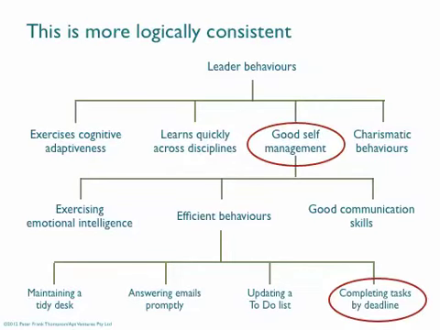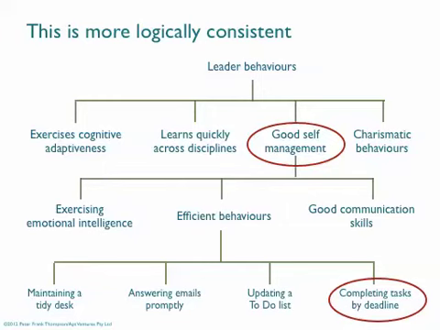We're suggesting that good self-management would be better off up in that higher level where it's circled, and completing tasks by a deadline, which is an observable behaviour, would be better off in a category of things that can be efficient behaviours.